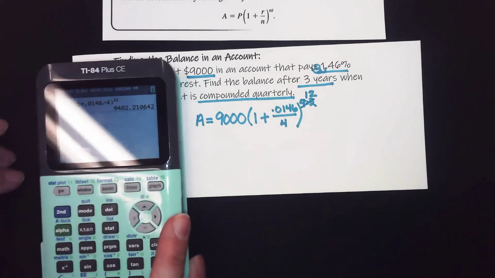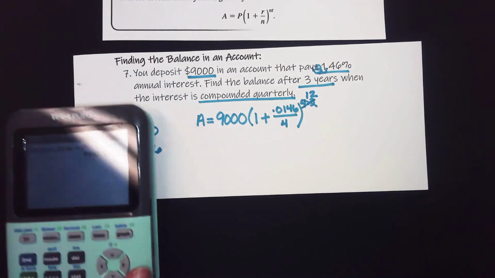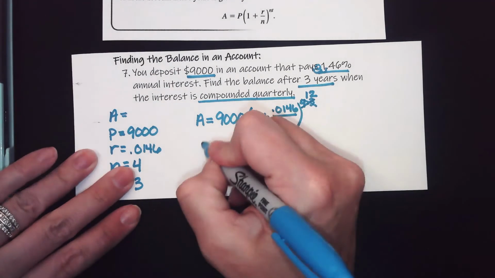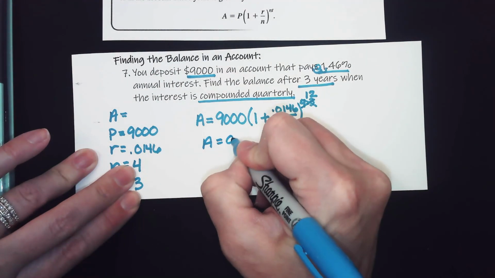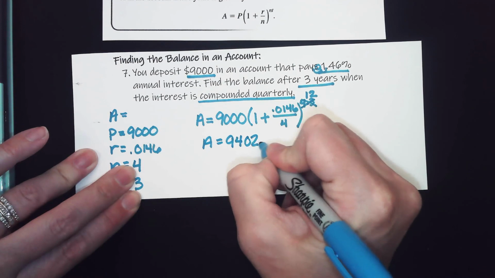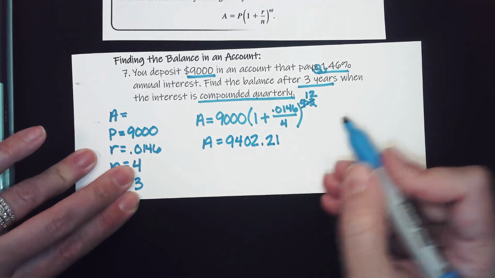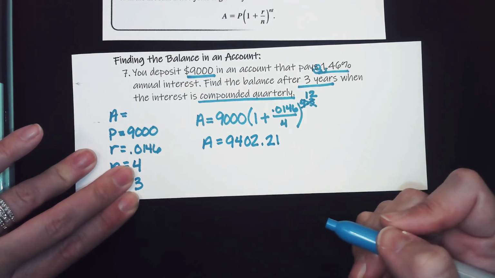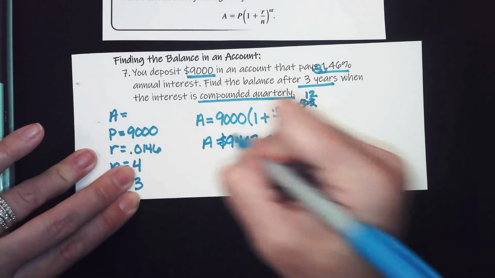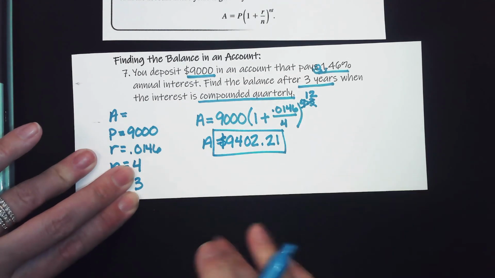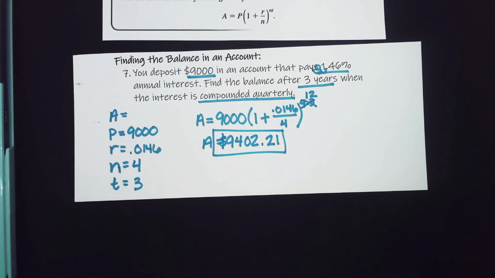And it gives me the value of A being 9402.21. We are dealing with money, so you give me 2 decimal places. And I should have a money sign in front, and that is the amount in the account after 3 years. You see why saving money is so important?